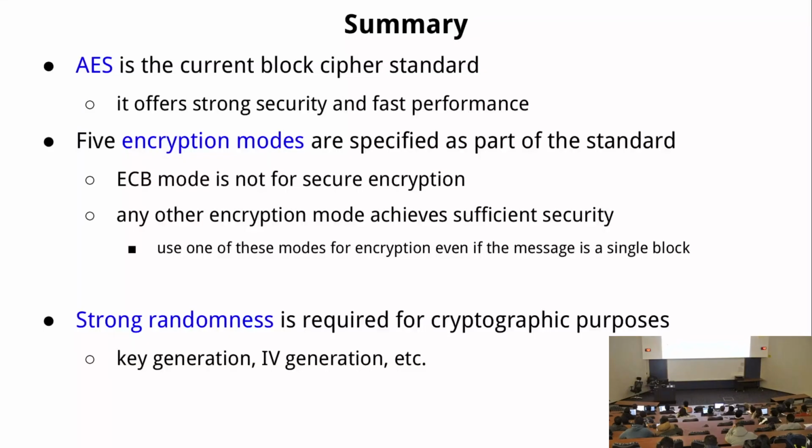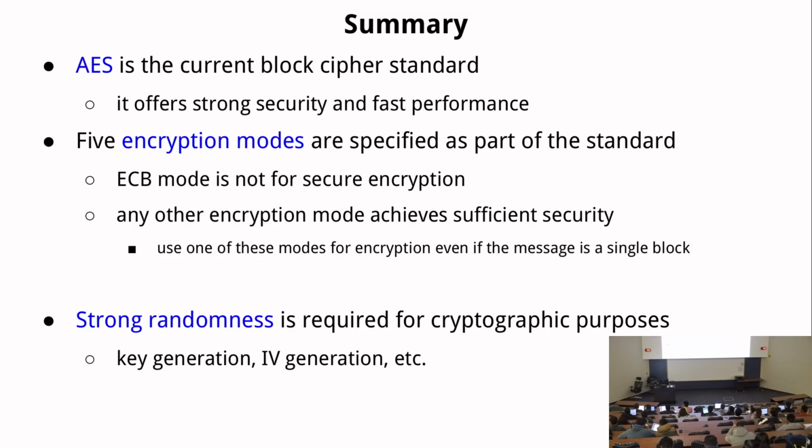Okay, so summary of the class. AES is still the one we are using. When you use AES, you need to pay attention to the encryption modes and also the key lengths, obviously. Strong randomness is required for crypto operations, which means the key should be random because the algorithm is public. The IV should be random. The counter should be random.